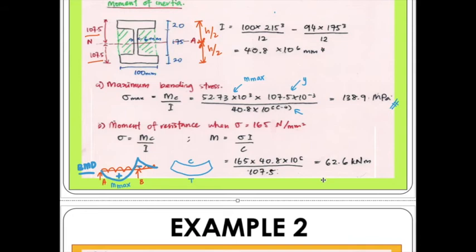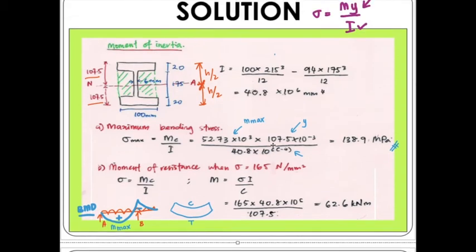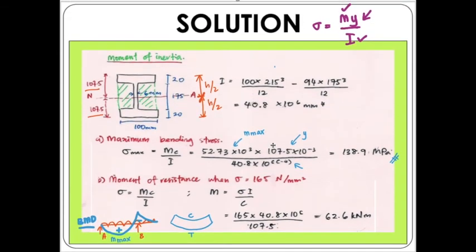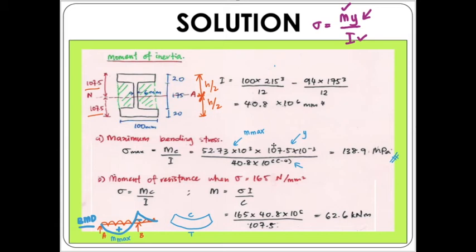Then next we move on to the moment of resistance, when sigma is equal to 165. Since we have the value of sigma, or the bending stress, as 165, we are going to manipulate the equation a bit and substitute the value of sigma into the equation.